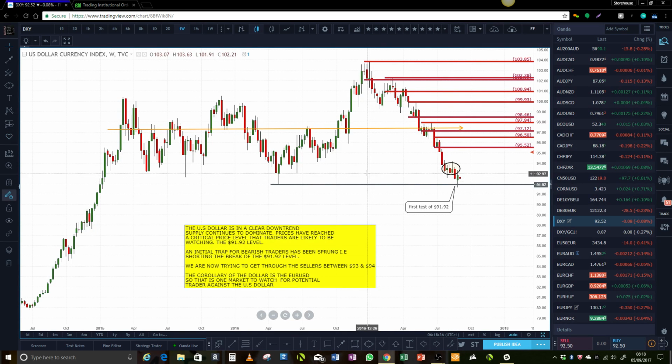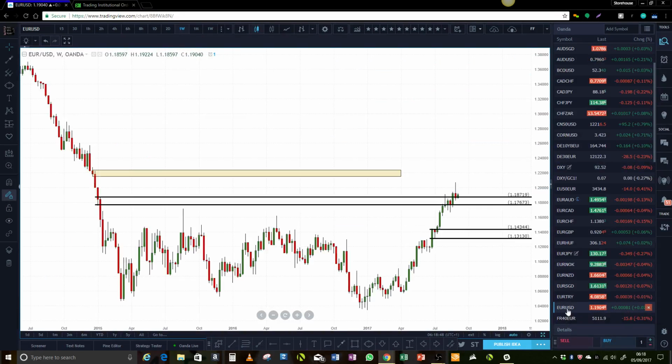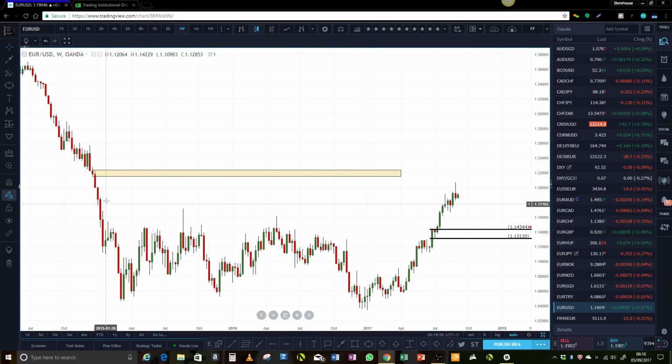The reason I'm discussing the dollar is obviously because you guys know the opposite of the dollar is the Euro USD, which has also had a big long run up. If I just quickly show you before we go to the random daily charts, you can see these are all levels that were marked on for another lesson.